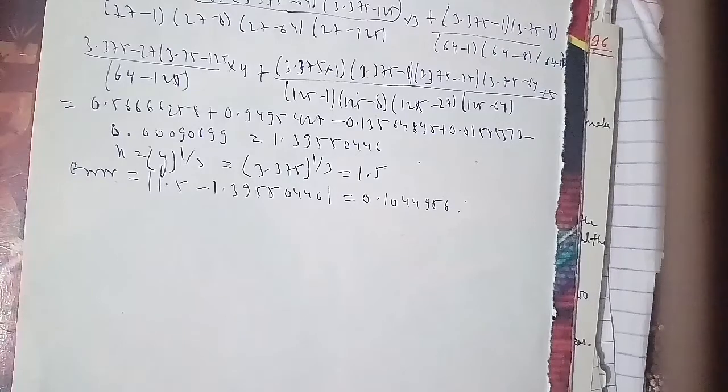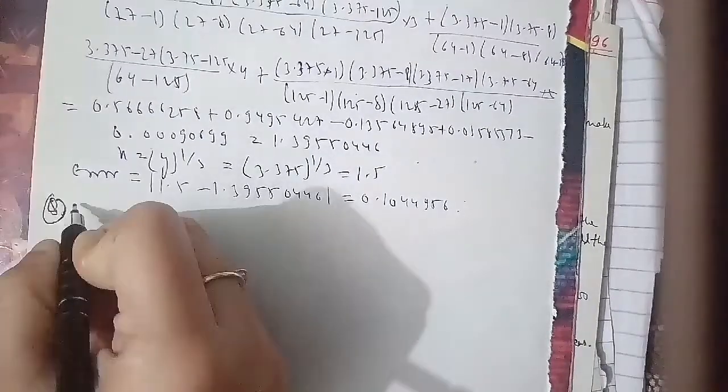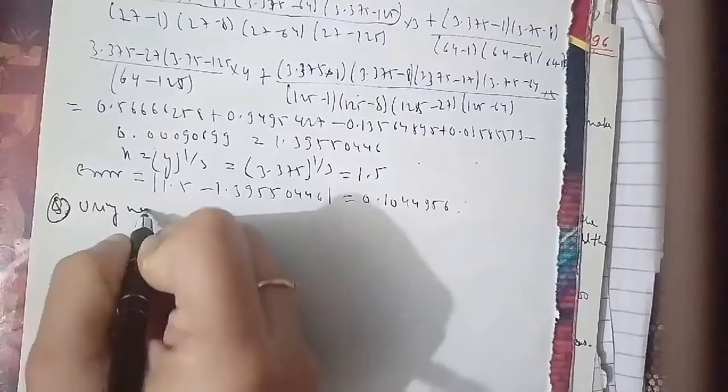partial fractions. The denominator of the function is (x minus 1)(x minus 2)(x minus 3), and hence you have to evaluate the numerator for x equals 1, x equals 2 and x equals 3. We'll implement the table here.